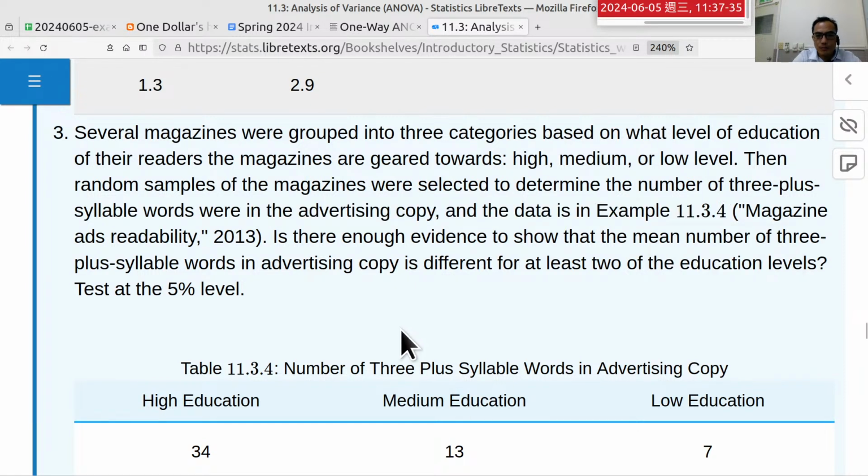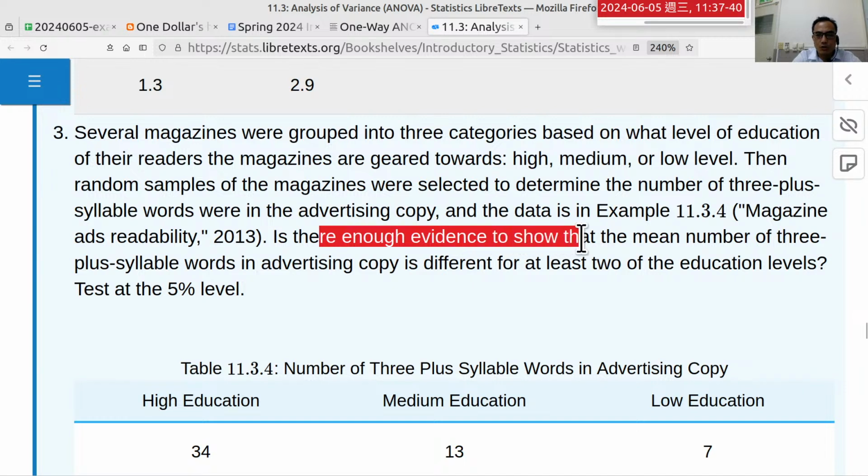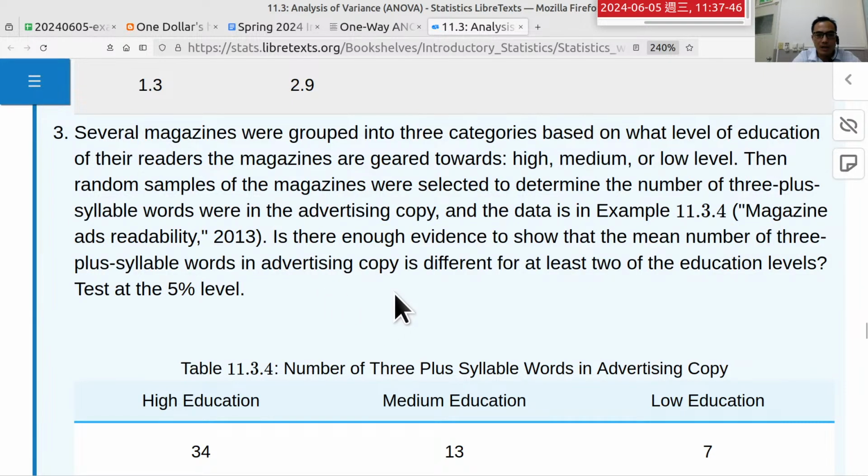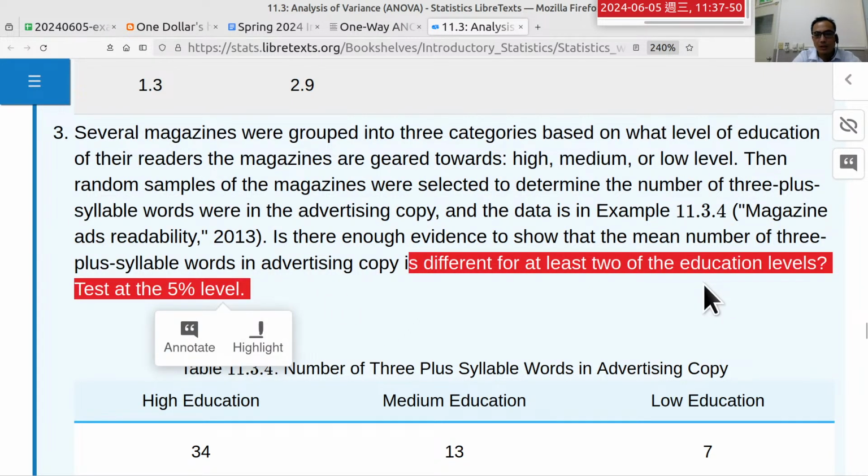Okay, so is there enough evidence to show that the mean number of 3+ syllable words in advertising copy is different from at least 2 of the educational labels, tested at 5% level?